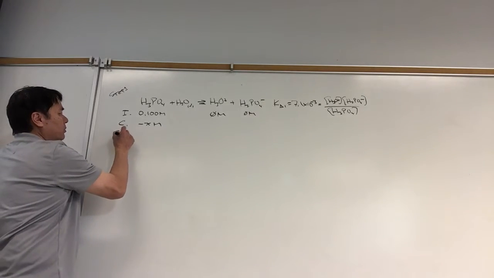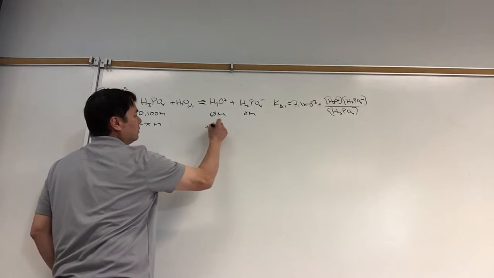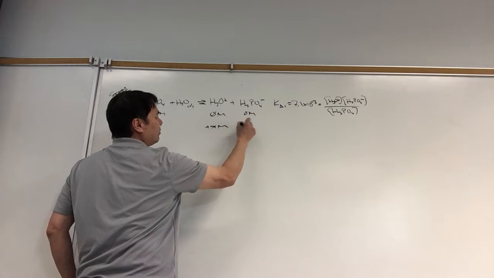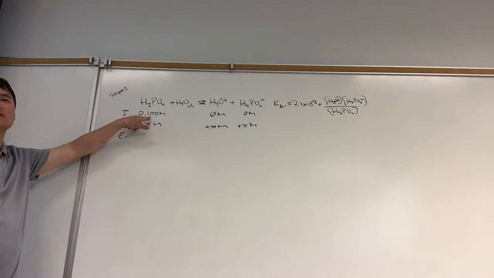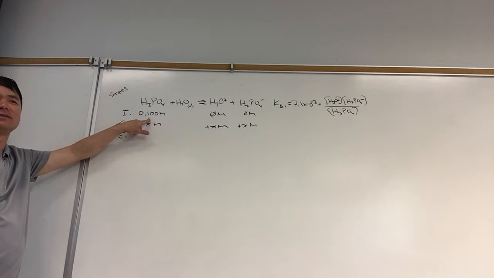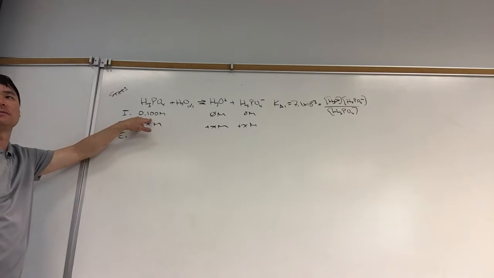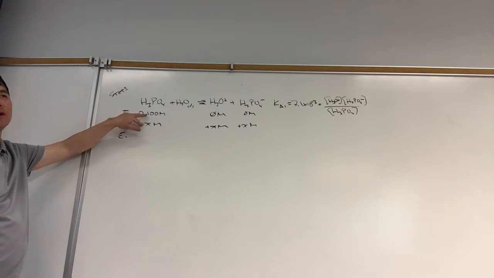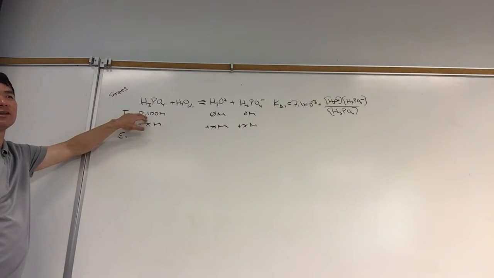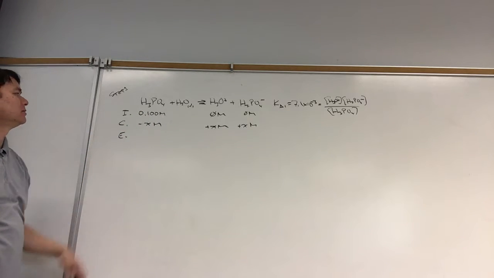Well, I don't know what this is going to translate into. And so this is the reason why I like 0.100. Because is 100 molar possible, you think? No. If somebody asked you to make 100 molar phosphoric acid, it'd be pretty next to impossible to do that. But 0.100 is, and the reason I like 0.100 is because it's so easy to calculate the percent reaction or the percent ionization because we can just see it right off.